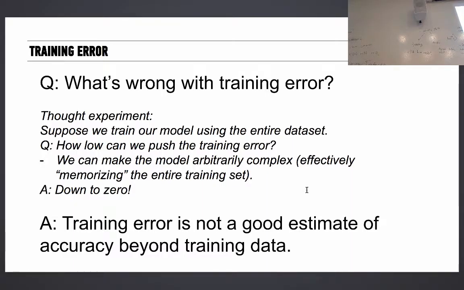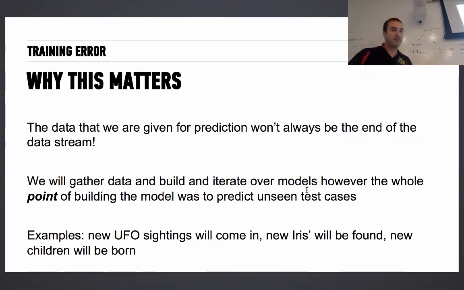The whole point is, when you're done, out of sample data comes in. Tomorrow's stock day opens, a new mammal comes in, there's a new UFO sighting. That's out of sample data. The whole reason you made the model was for the out of sample data. Why this matters?